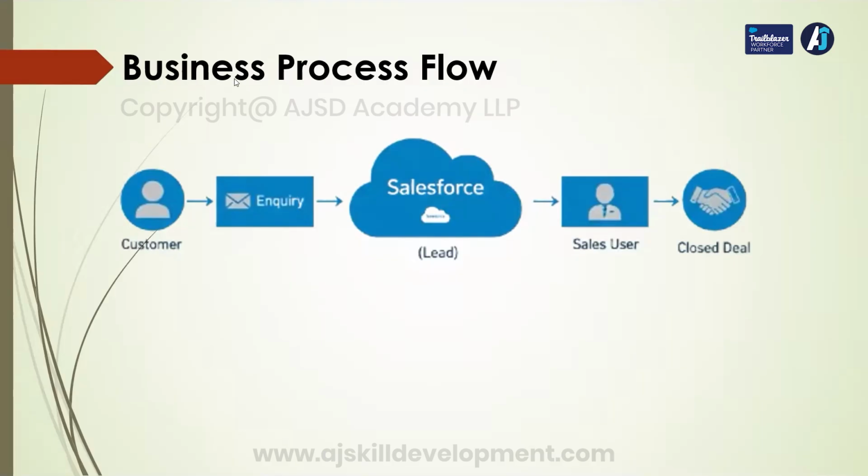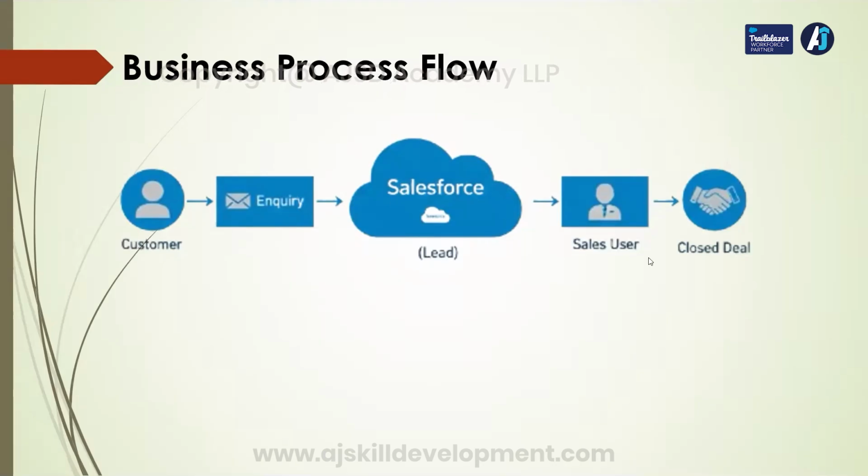Now I will quickly explain the business process so that you can understand the use case. According to the business process chart, when a customer inquires about the product, this inquiry is captured as a lead in Salesforce.